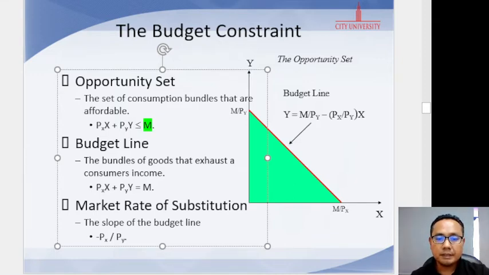In words, the budget set defines the combinations of goods x and y that are affordable for the consumer. The consumer's expenditure on good x plus expenditure on good y does not exceed the consumer's income. Note that if the consumer spends their entire income on the two goods, this equation holds with equality. This relation is called the budget line.